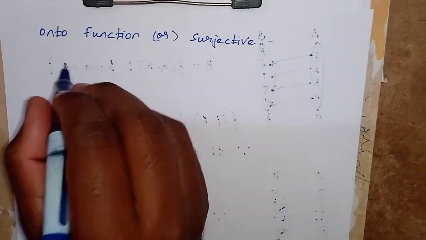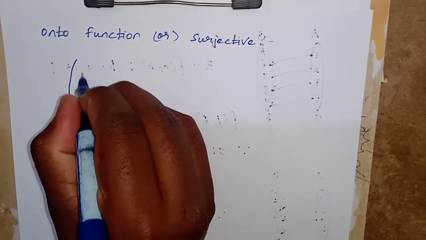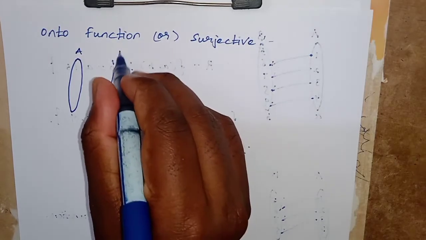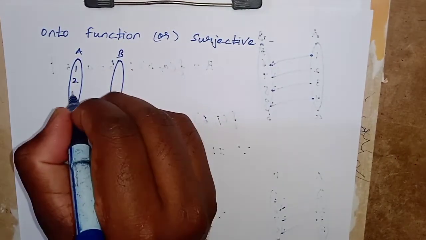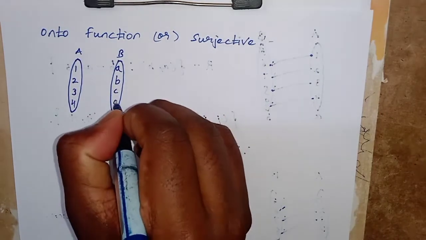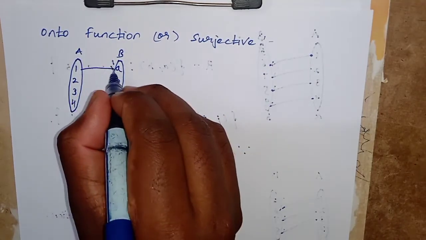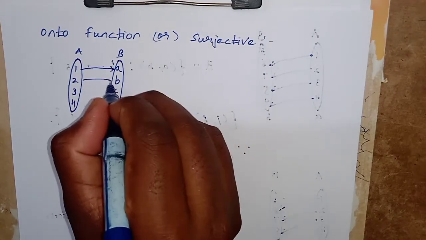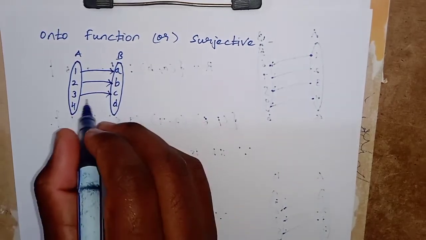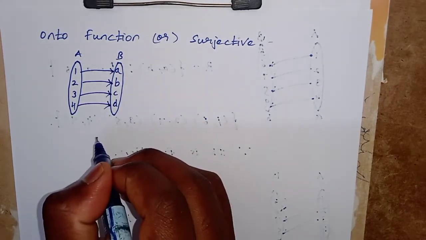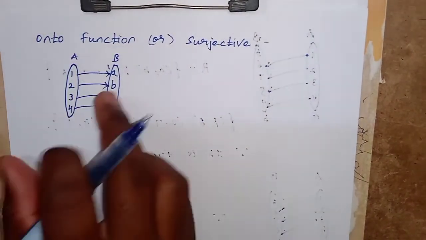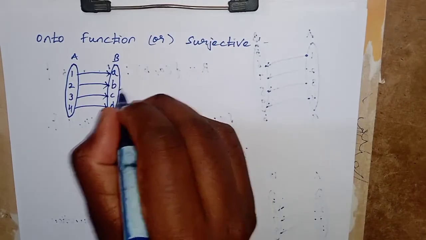Okay, here taking example A, B, 1, 2, 3, 4, A, B, C, D. Here 1 is related to A, 2 is related to B, 3 is related to C, 4 is related to D. Therefore in onto you have to check the codomain.